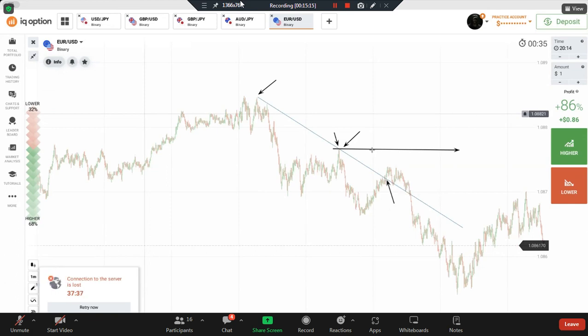Why? Because in this market right now, anything can happen. This area here is a risky area. When you see the trend line broke, but it still didn't break the last horizontal line, that is the riskiest area.